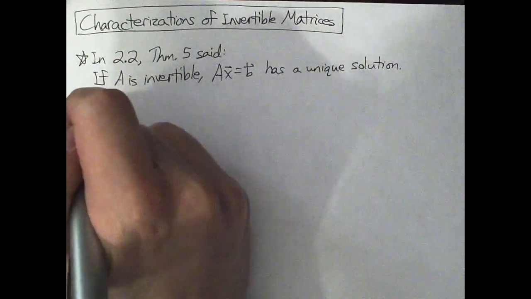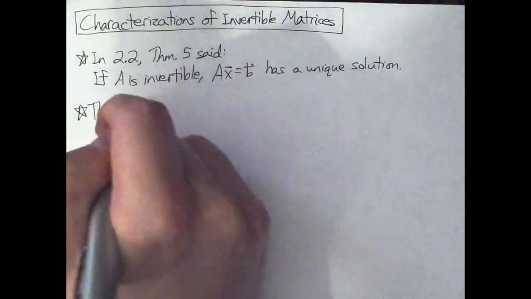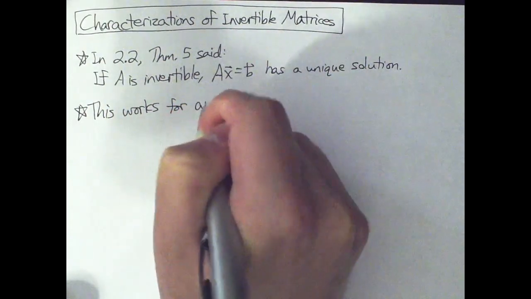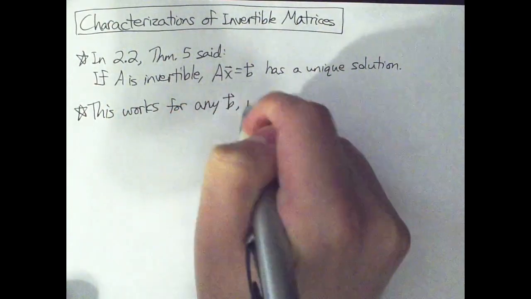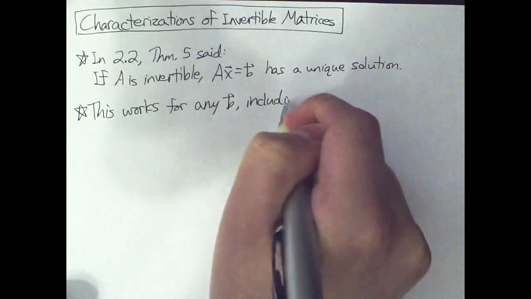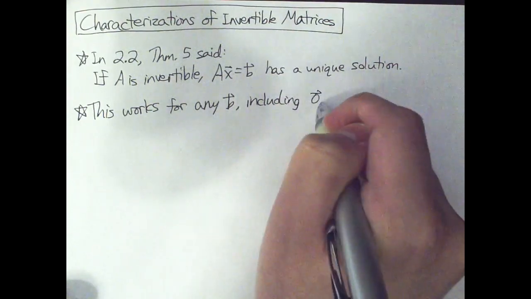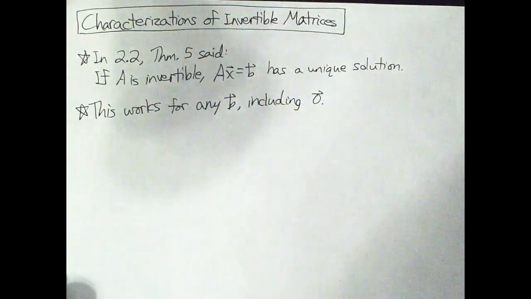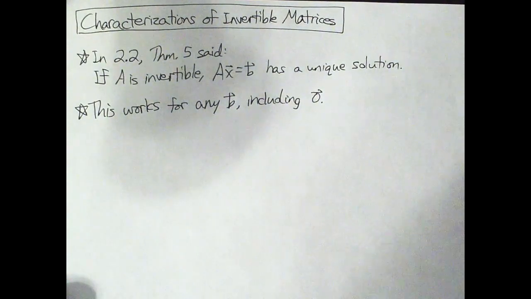Now, let me tell you that this works for any vector B, including the zero vector. We said it works for any vector B, but I'm just highlighting the fact that it also includes the zero vector.